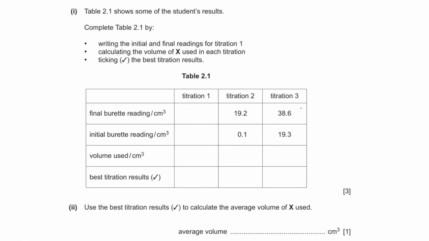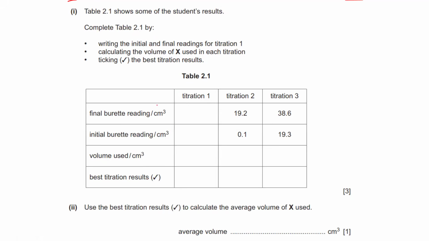So let's go ahead. It says table 2.1 shows some of the student's results. Complete table 2.1 by writing the initial and final values of titration 1, calculating the volume of X used in each titration, and ticking the best titration results.